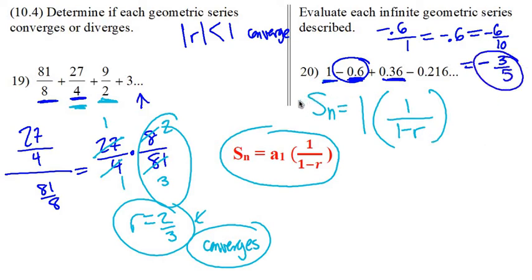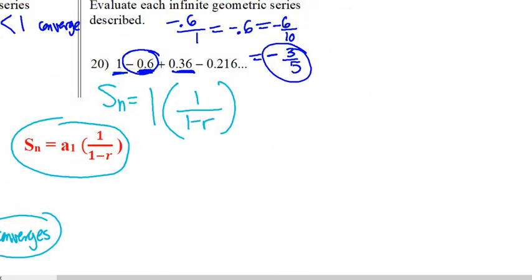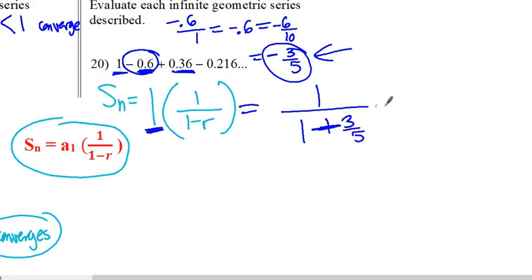It tends to be easier to do these with fractions rather than with decimals, especially if you're doing these by hand. At least I prefer to do it that way. You may prefer to do different. So we don't really need this 1 here because 1 times anything is just the same thing, so we'll get rid of it. And then we have 1 minus r, and r is negative 3/5. So minus negative 3/5 is like plus 3/5.